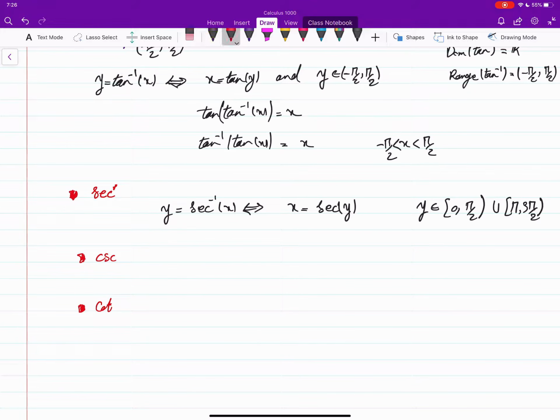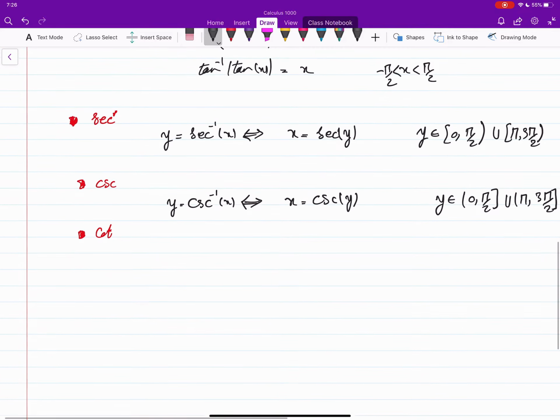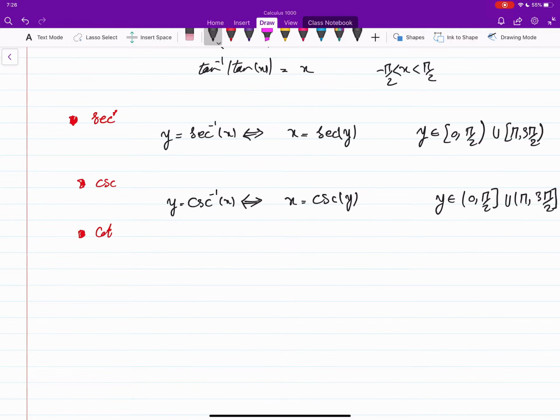For cosecant, the definition goes the same way: x is cosecant of y. But the interval is interesting: again, 0 to pi over 2 closed, union pi to 3 pi over 2. There are good reasons to choose these intervals, but we won't go into that in this course.